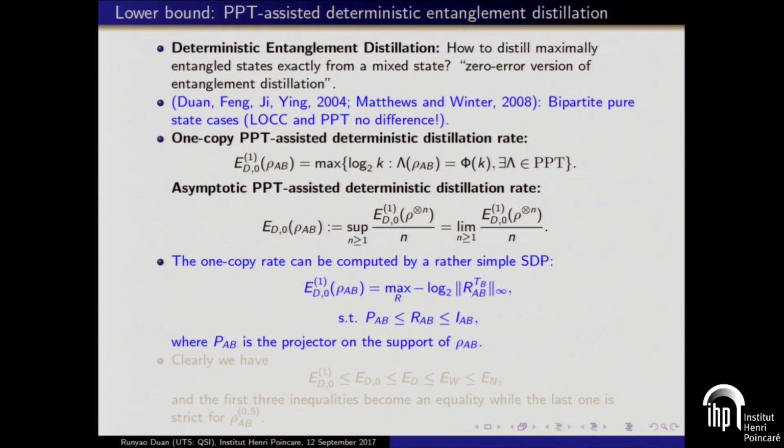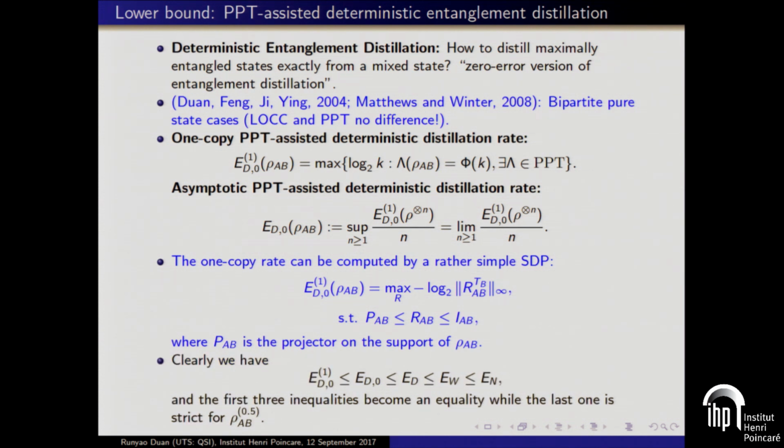The form is very simple, right? I don't want to get into detail, but you can see it's a very simple property. And the most interesting thing is the constraint is an operator interval. So you consider the operator interval, and then you take this maximum quantity. Here P is the projection onto the support of rho AB. That means for this deterministic distillation, the only relevant thing is the projection onto this support, but not the actual operator.